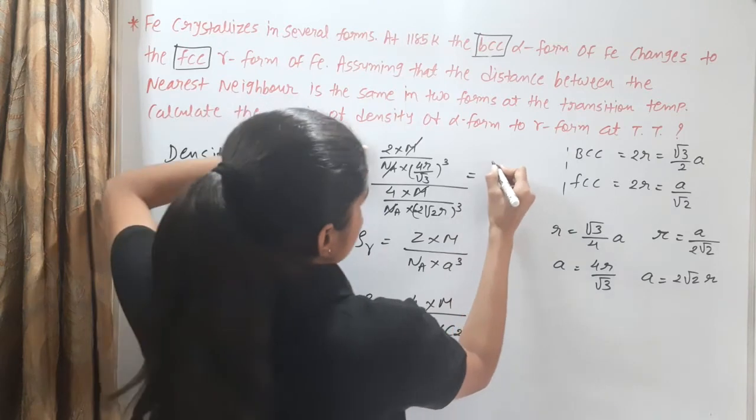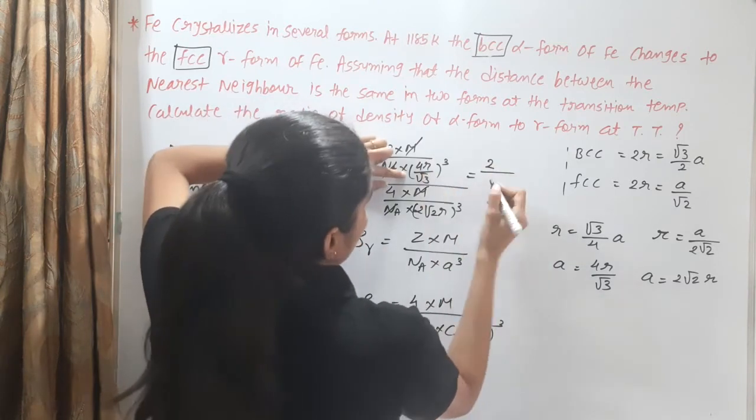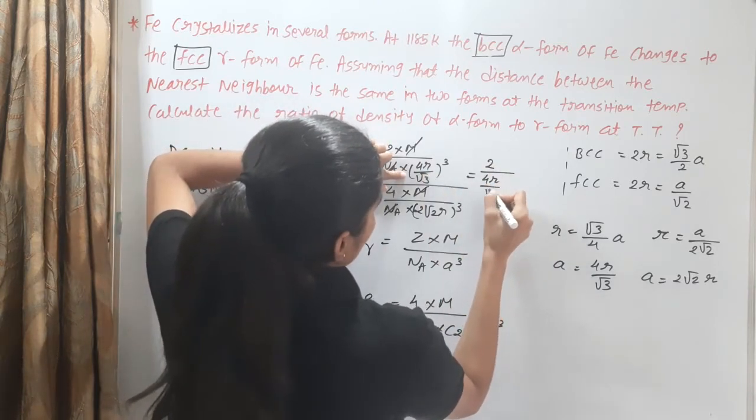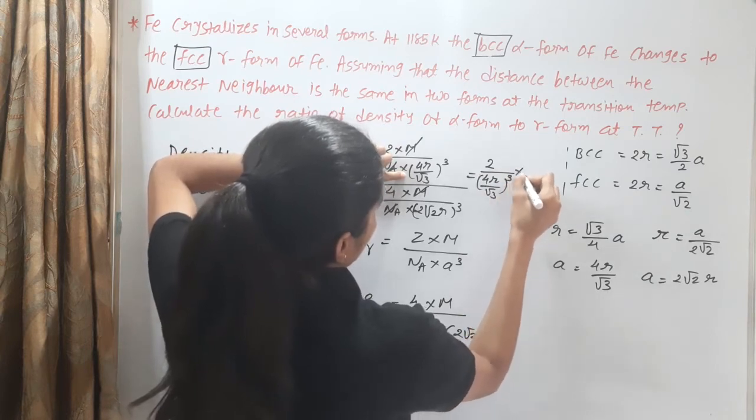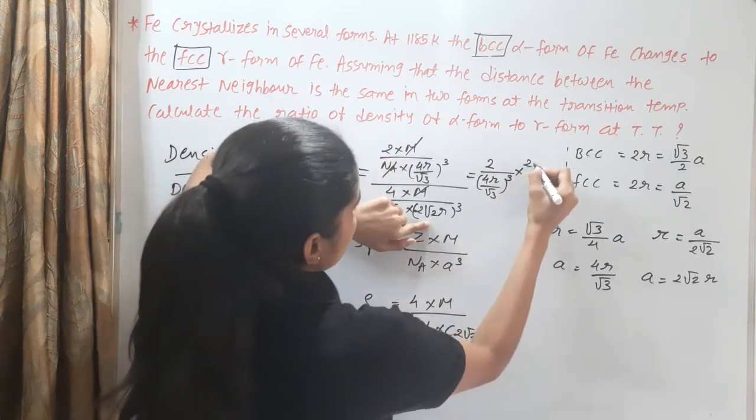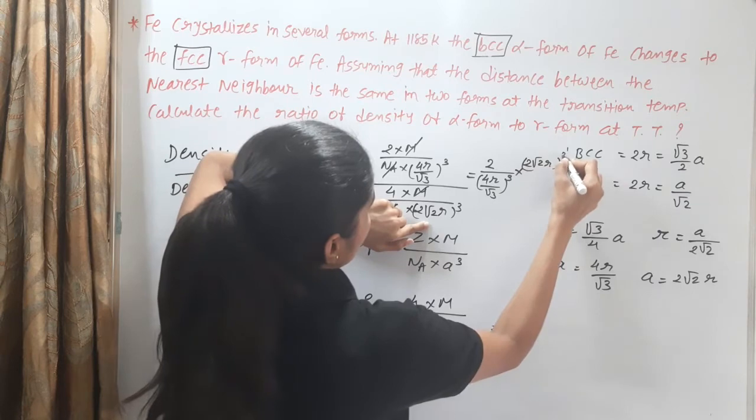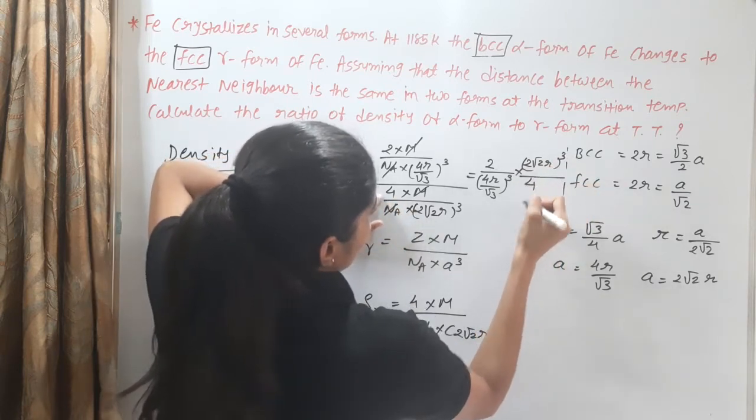So this value is 2 divided by 4R under root 3 cubed, multiplied by 2 under root 2 R cubed, divided by 4.